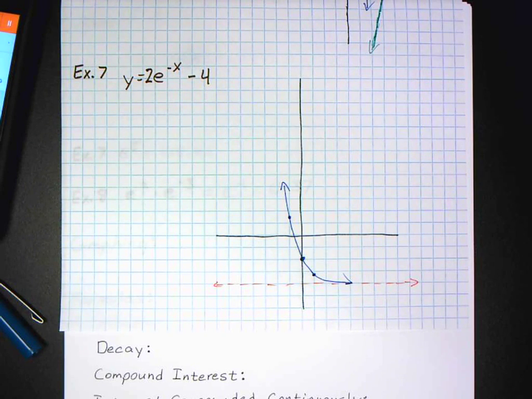You don't want to change the one. No. The negative one goes to the e. So it'll be 1 over e to the x. But you still have to take it times 2. So you do 2 divided by e to the x would work.